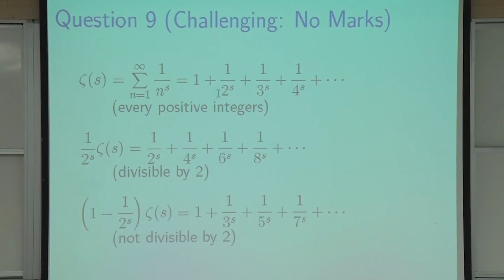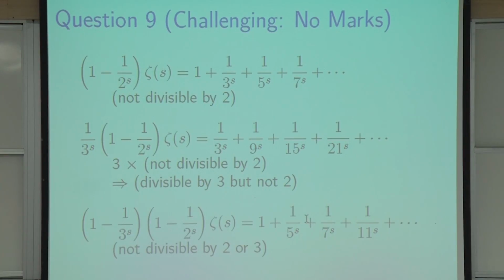As you can see, the sum contains every positive integer: 1, 2, 3, 4, 5. And if we multiply it by 1 over 2 to the power s, then we get every number divisible by 2. So if I use this minus this, then we get 1 minus 1 over 2 to the power s times the theta function, equal to the sum over 1, 3, 5, 7, which is all the numbers not divisible by 2.